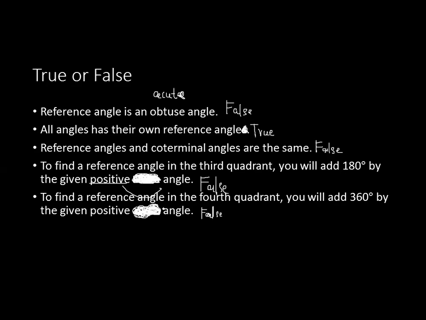If your positive angle is in the fourth quadrant, all you need to do is subtract the angle from 360. Let me repeat that. If your angle, which is positive by the way, is in the fourth quadrant, you will subtract that given positive angle from 360 degrees so that you will find your reference angle. So the answer here is false.